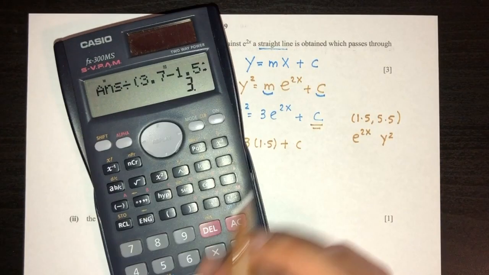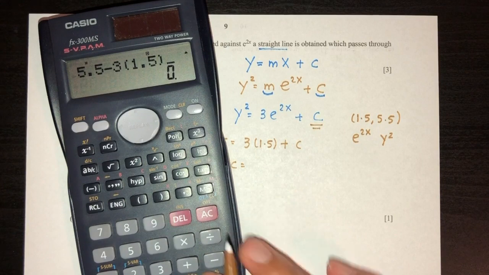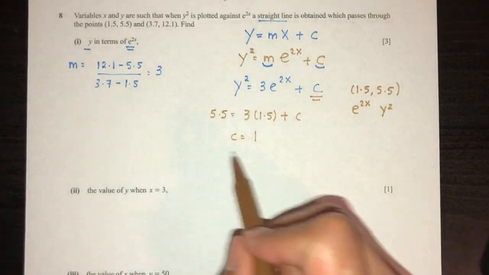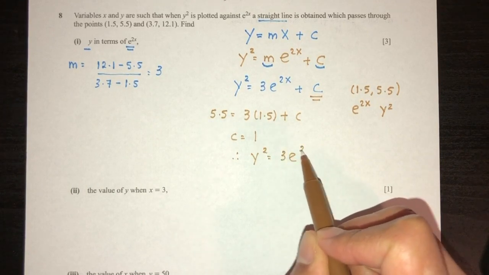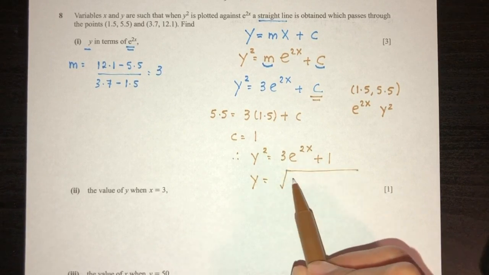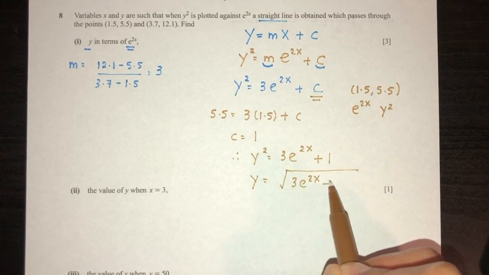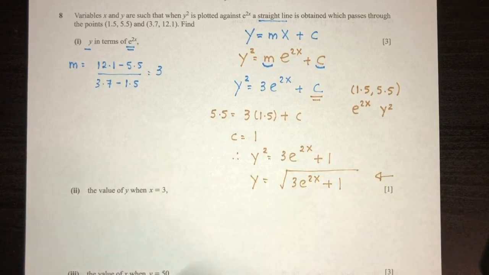Let's check: 5.5 minus 3 times 1.5 should be 1. So y squared equals 3 exponential 2x plus 1. So y is the root of 3 exponential 2x plus 1. That is your answer for y in terms of exponential 2x. Okay, that is part 1.